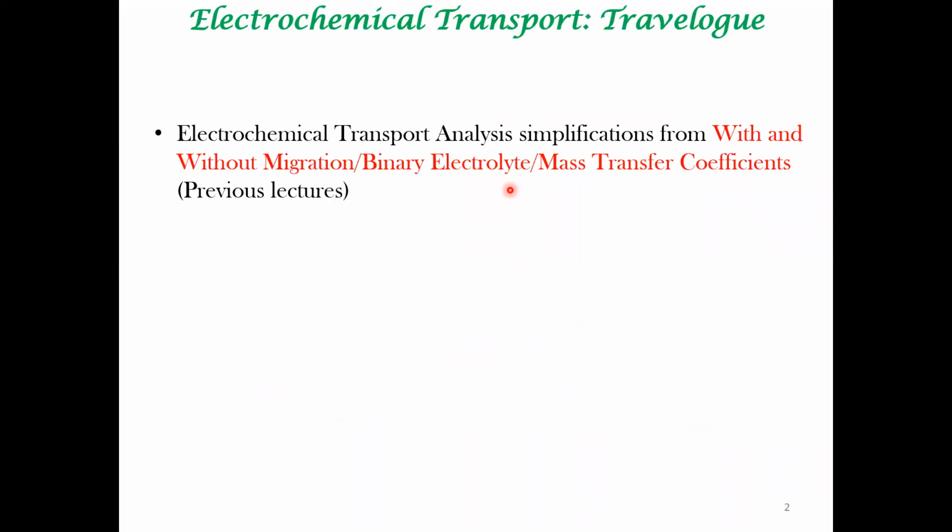In the previous set of lectures, last 5 or so, we had looked at the various simplifications possible by considering situations wherein migration dominates or migration is completely suppressed, or how we can simplify the electrochemical transport equations via mass transfer coefficients.